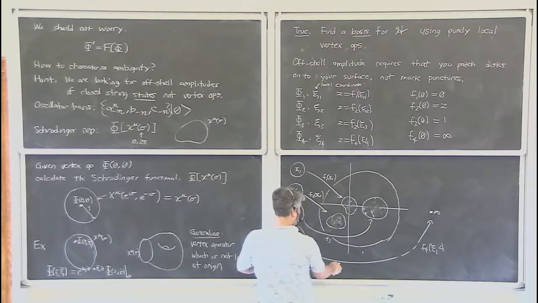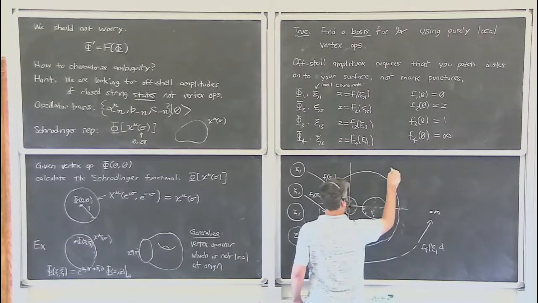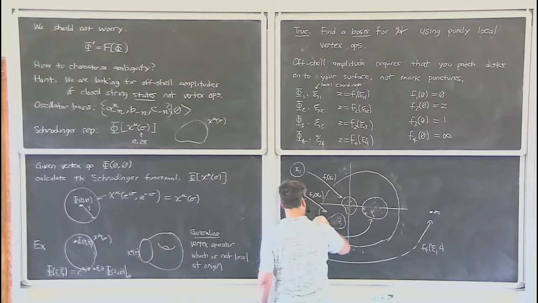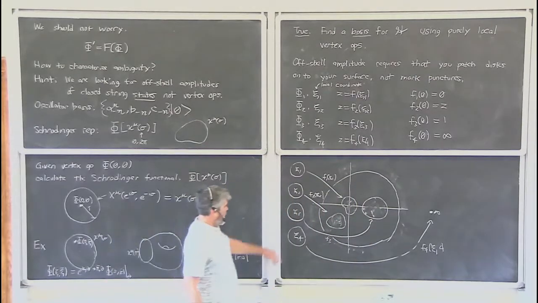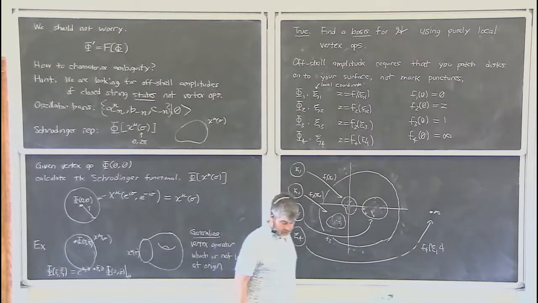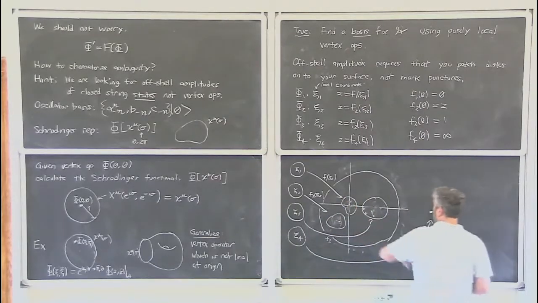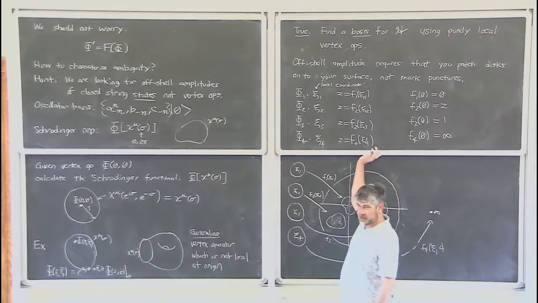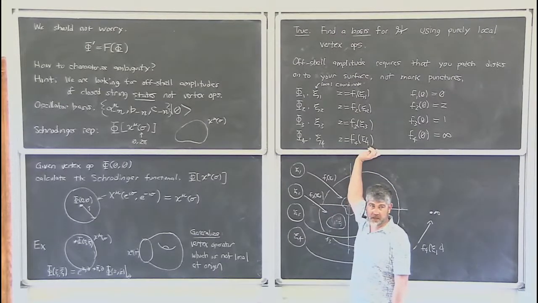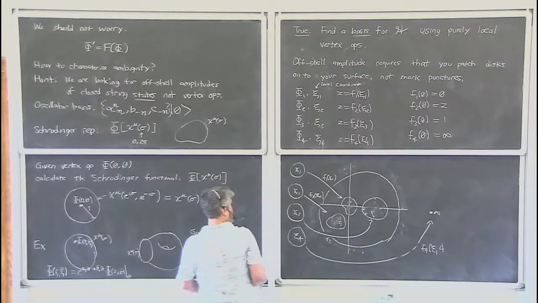The interior of this disk maps outside, okay? So these local coordinate maps will be the data that specifies an off-shell continuation of the 4-point amplitude, okay?